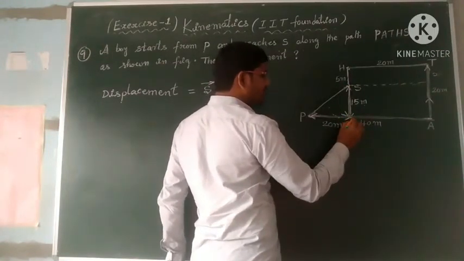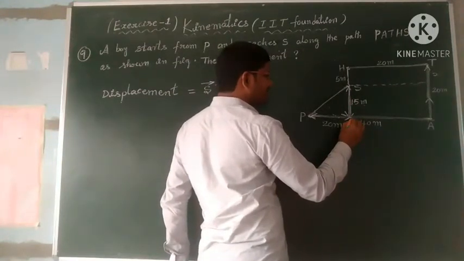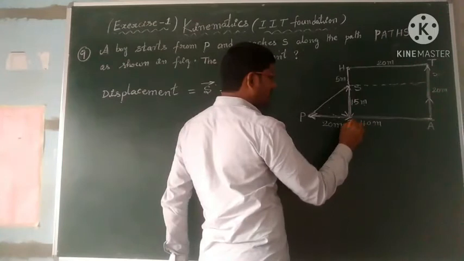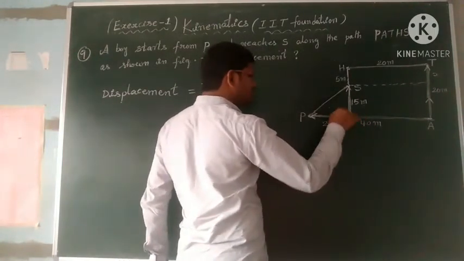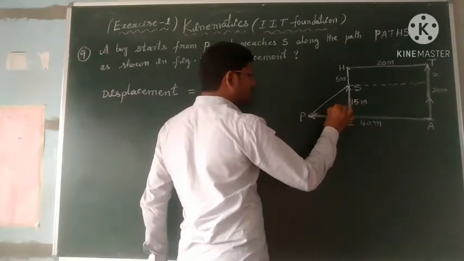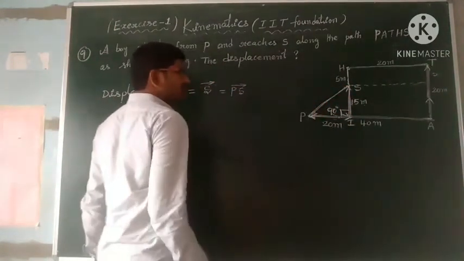This is some point I. So now this is 90 degrees. It's a right angle triangle, so this is the hypotenuse.